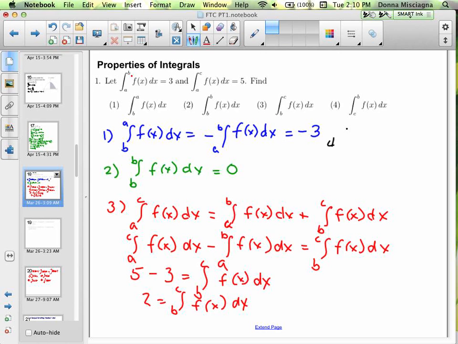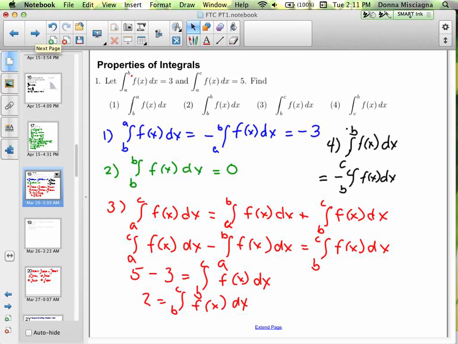So 4: the integral of f of x dx from C to B is just the opposite of the integral of f of x dx from B to C. And we have B to C. Let me write that nicer.